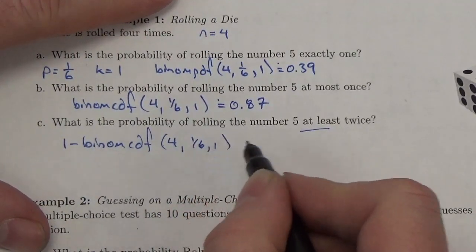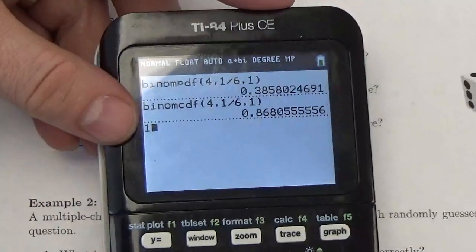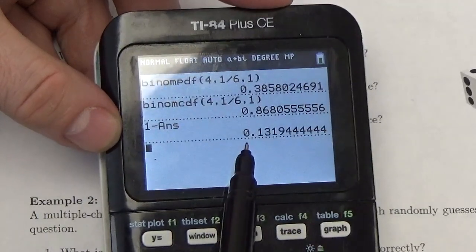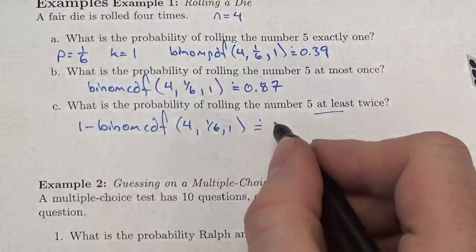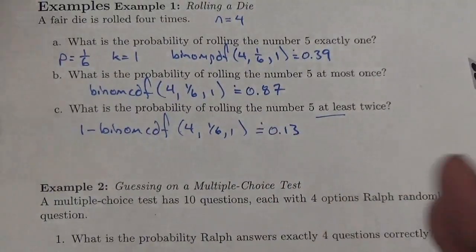So I've already got that work on my calculator here. Now all I'm going to do is 1 minus the work that I just did, and we're going to get, to the nearest hundredth, 0.13. And that would be the probability of getting the number 5 at least twice.